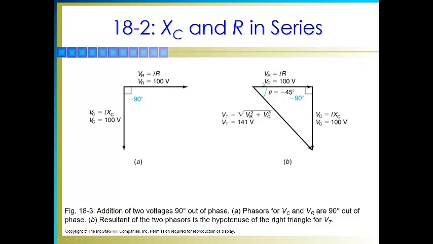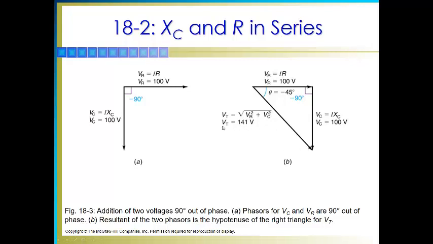Here's another example, or the same one actually. You have this right here, the 100 volts for this, and 100 volts for this one. All we did was we moved this and put it on this side, okay? Now to calculate this right here, all you've got to do is take this measurement and say that will be 100 squared plus 100 squared. We take the square root of that, and that will give us 141 volts, and this will be the total voltage.